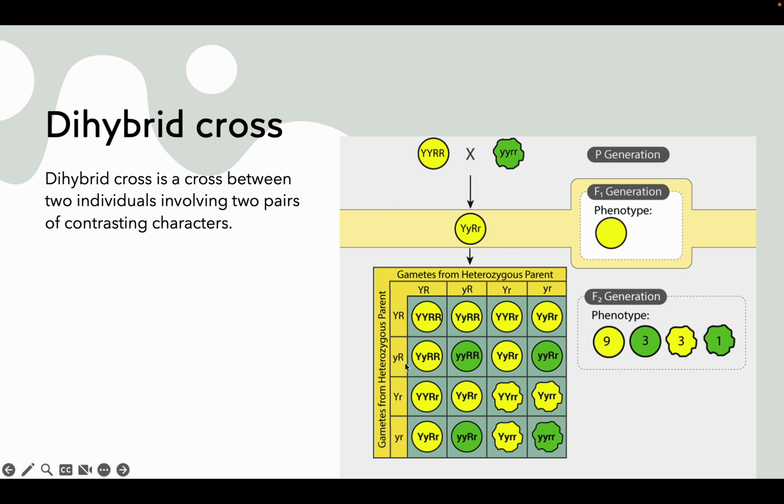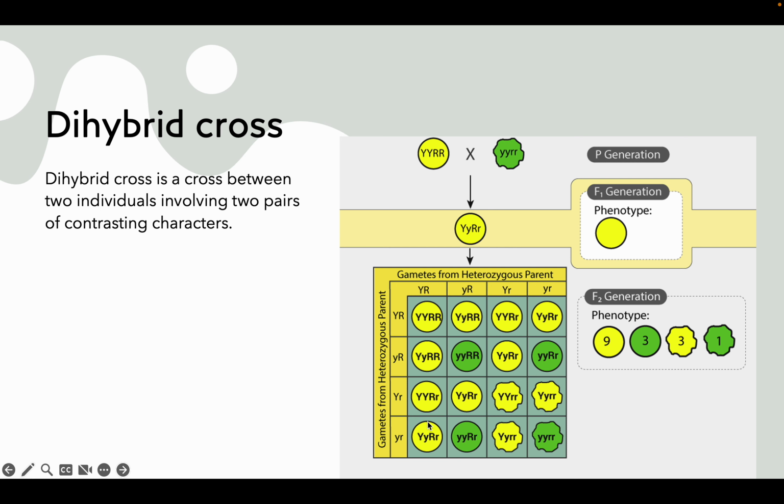When we cross this F1 generation, what we get is different genotypes, right? It is a mess to count the different genotypes, because there are so many, 16 in total. So what we mostly calculate is the phenotype based on the color and the shape.